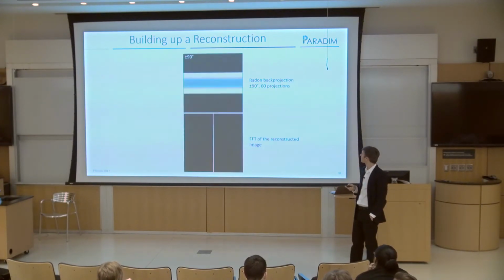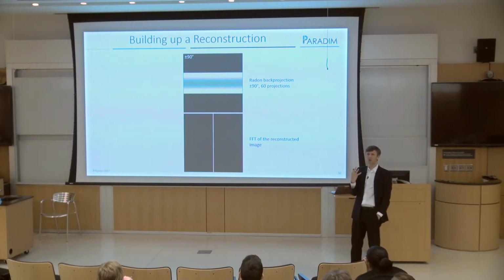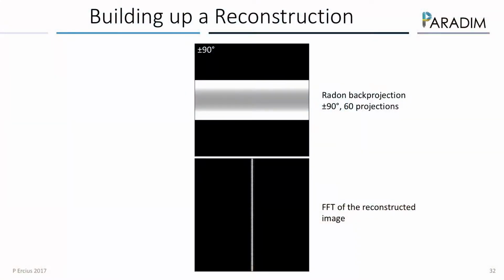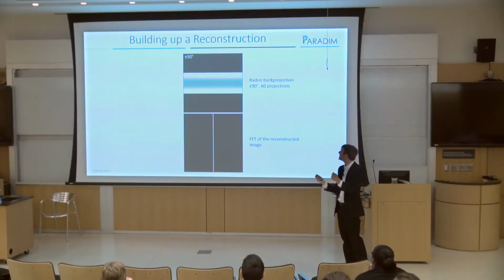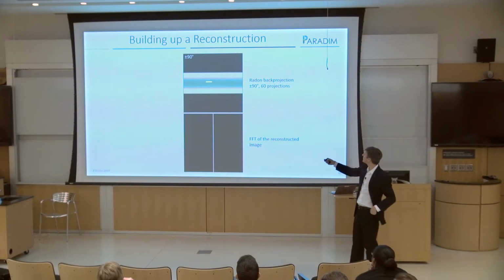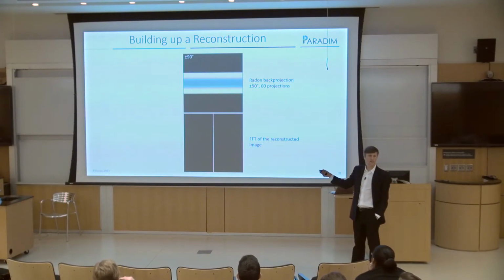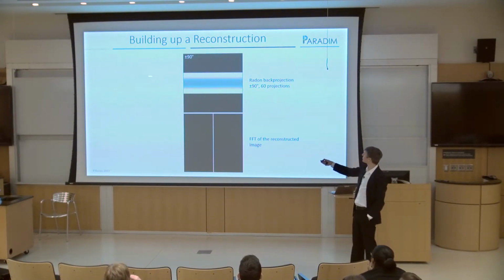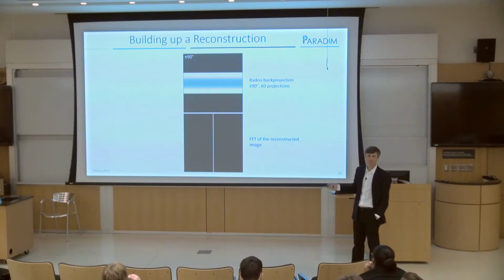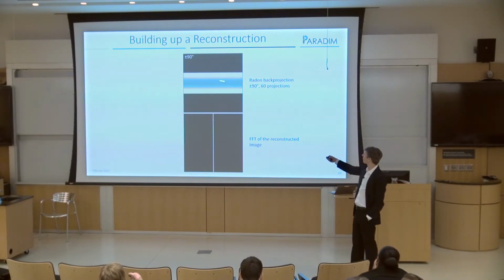All right? So let's look at how we build up a reconstruction in real space and in Fourier space, because we want to look at them equally. So here, let's just back project an object. We don't know what it is, right? But along the 0 degree, we know it looks like this. This is the back projection, so we fill in everything along this axis.